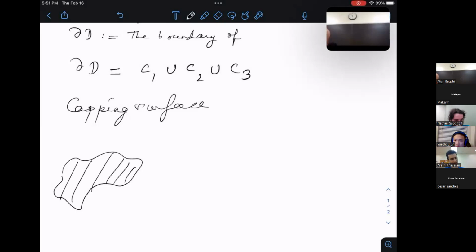So for instance, if I have a circle in the plane, then I can have a disk of which it is a boundary, but it can also be a cap like this. Do you understand? Both of these have the same boundary.